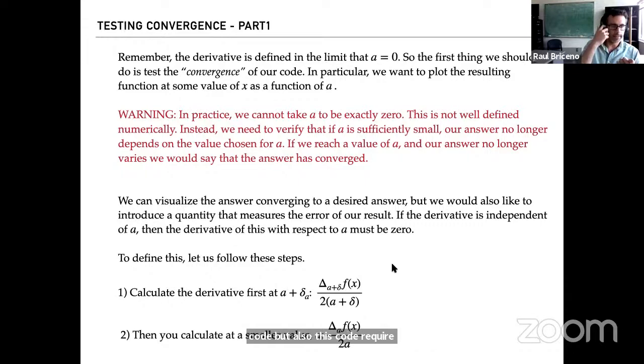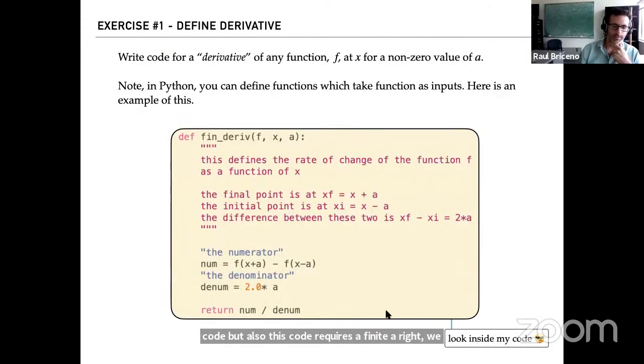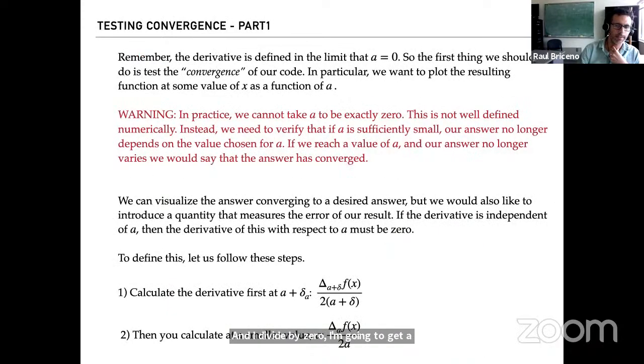And so what we're going to do here is not just write code, but also this code requires a finite a. We can't take a to 0, because if I set this to 0 and I divide by 0, Python is going to spit out nan, which means not a number. So we can't actually take a to be exactly 0. What we can do numerically is take a to be smaller and smaller, and see that our result is converging to some answer.